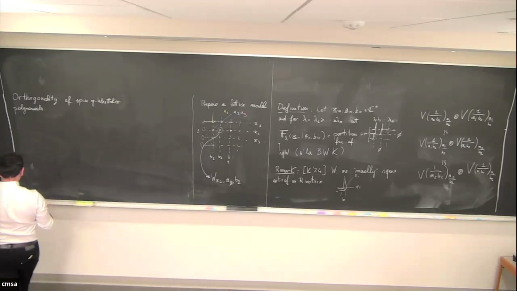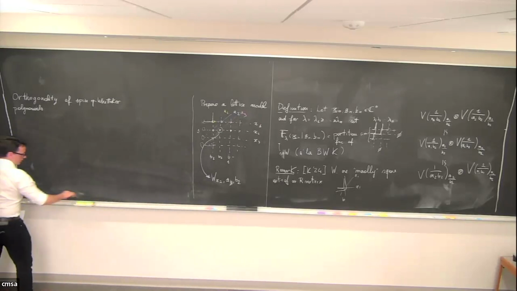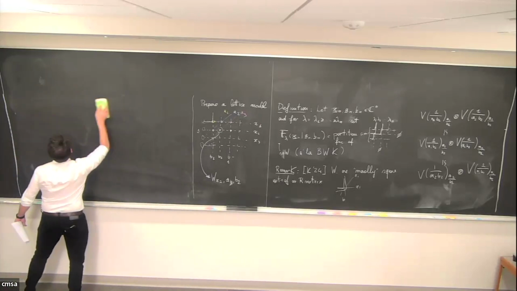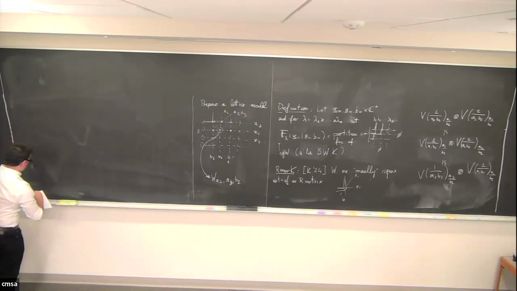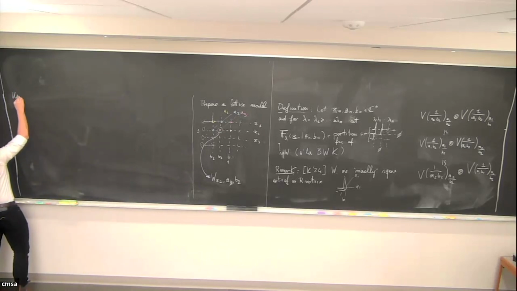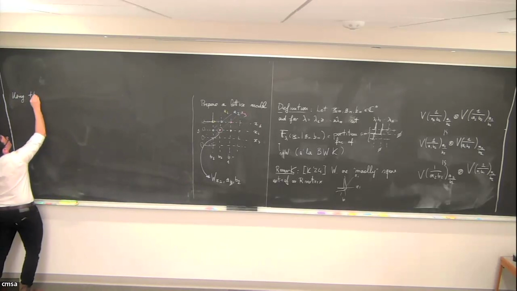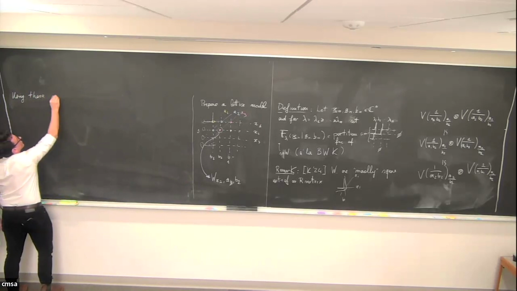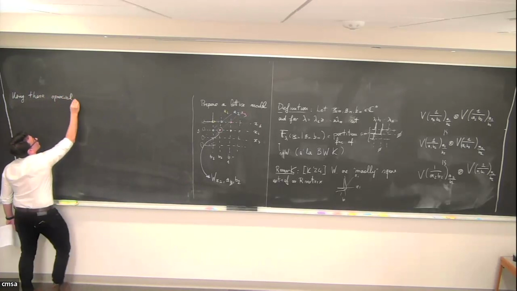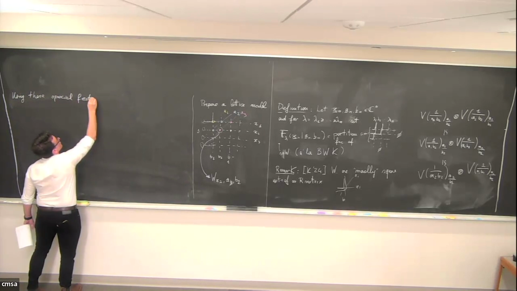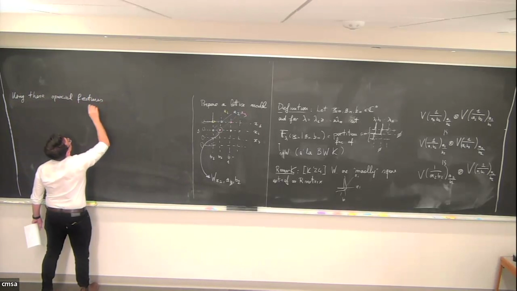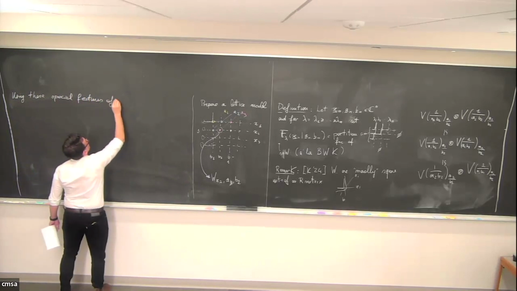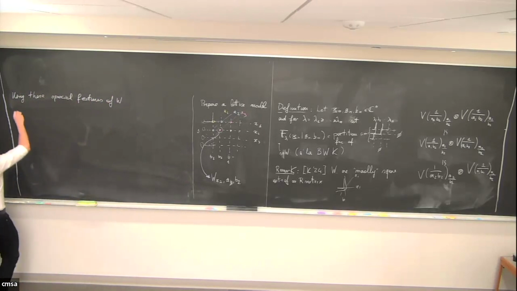So what they proved then, using these special properties, special features of the vertex W, some theorems are possible.